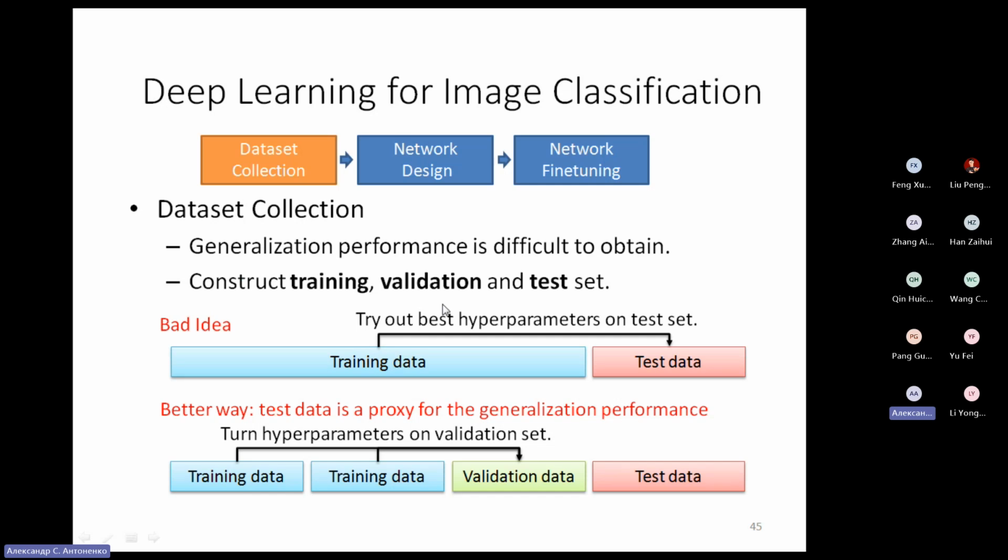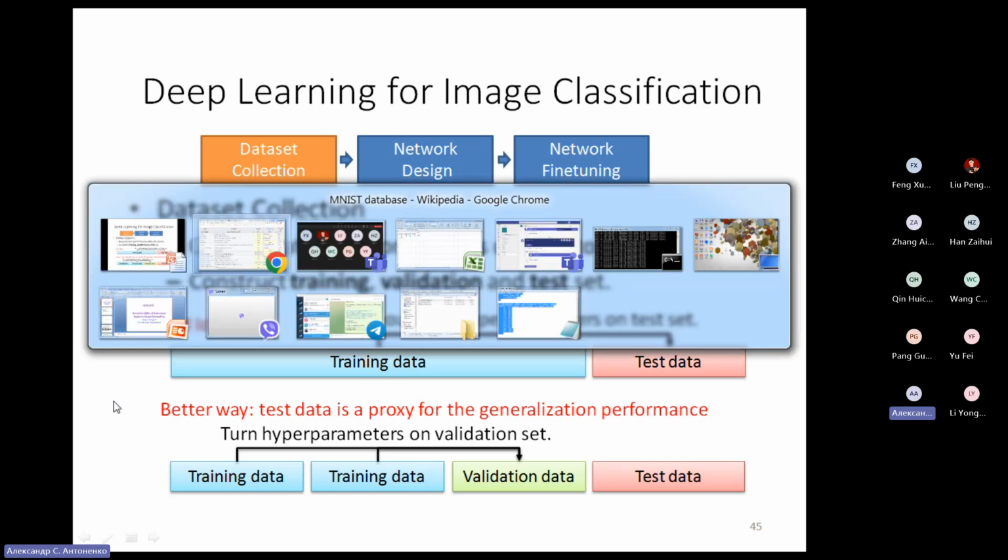So train some neural network, then find the best hyperparameters and then try to run it on test data. It works, but it works quite badly. Why? Because in this case, you can find overfitting. We need to consider this overfitting in more detail.